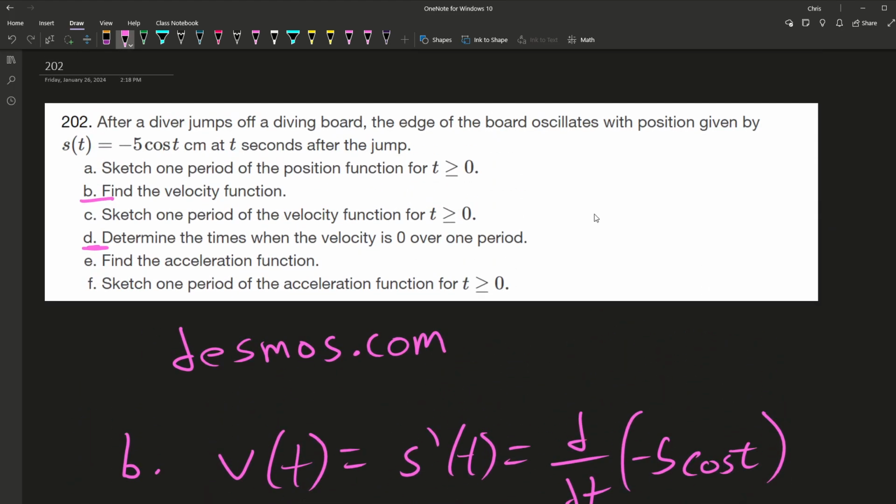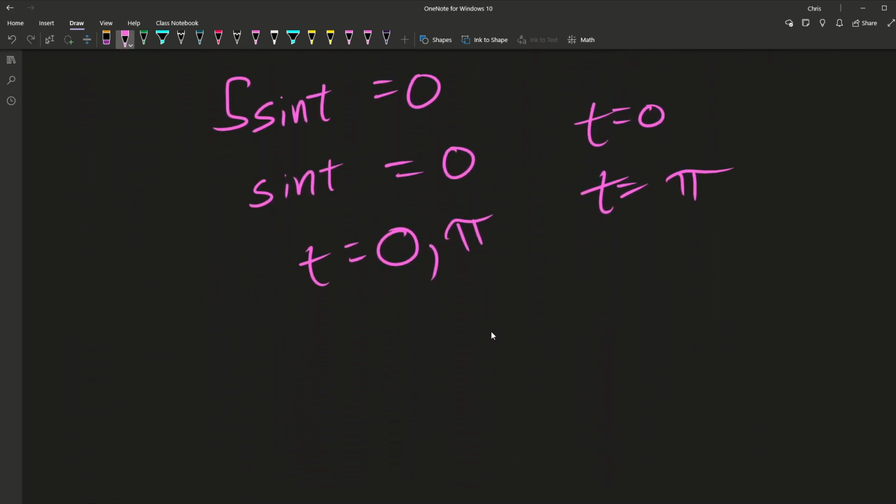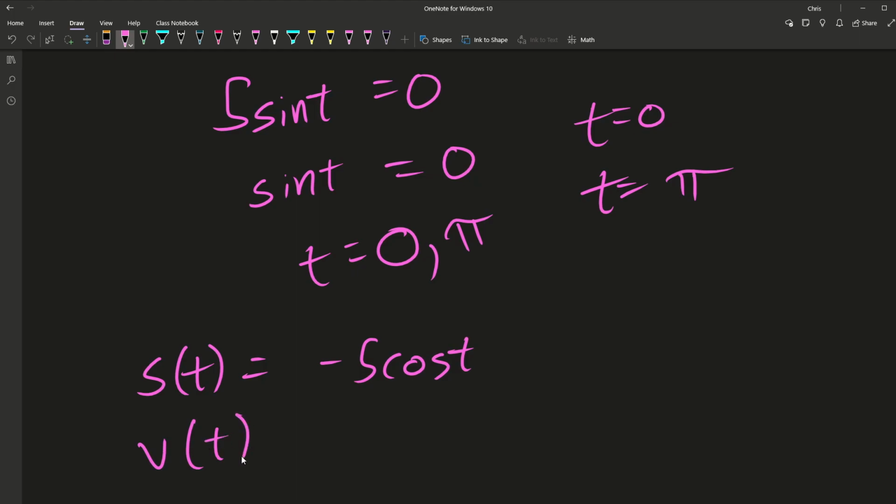And the last part of this question was to find the acceleration function. Here I had that s of t was -5 cosine of t. I then had that v of t was 5 sine of t.